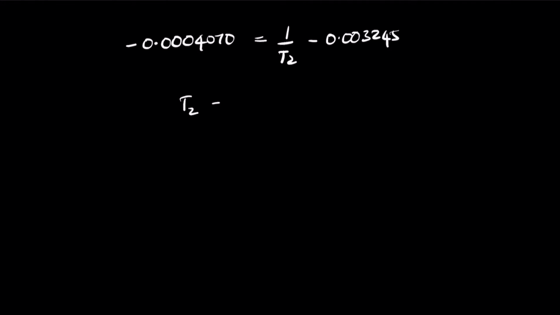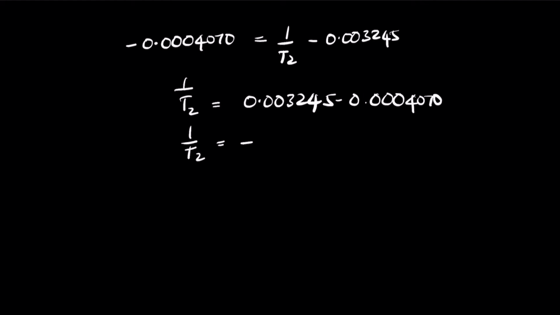So now 1 by T2 becomes 0.003245 minus 0.0004070. So 1 by T2 becomes 0.002838.